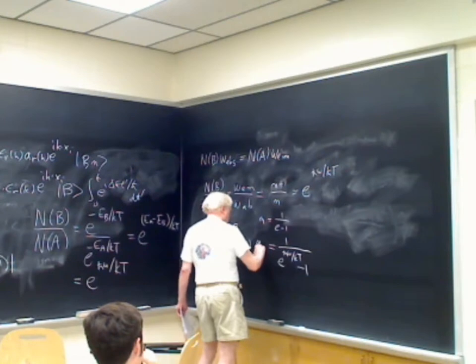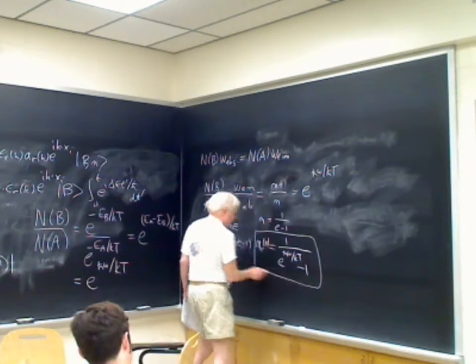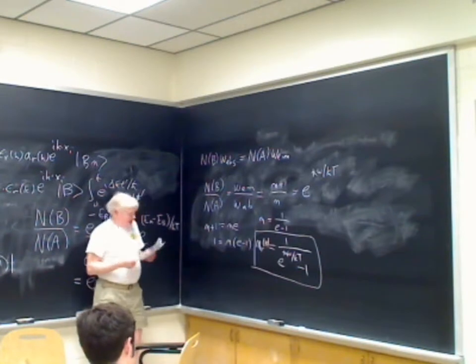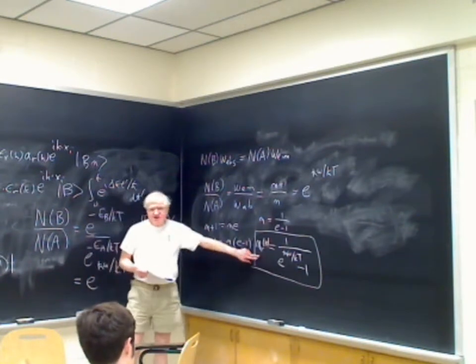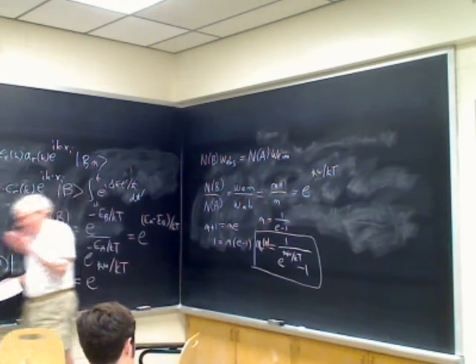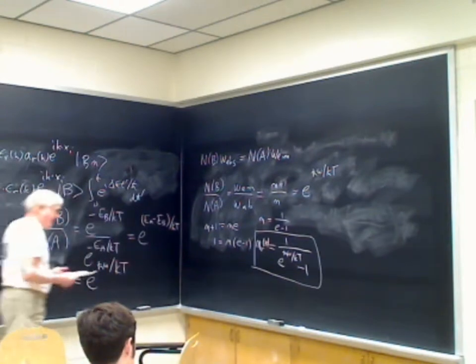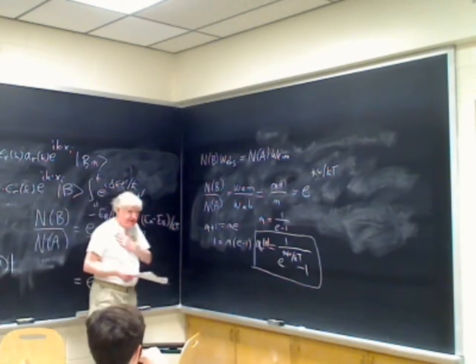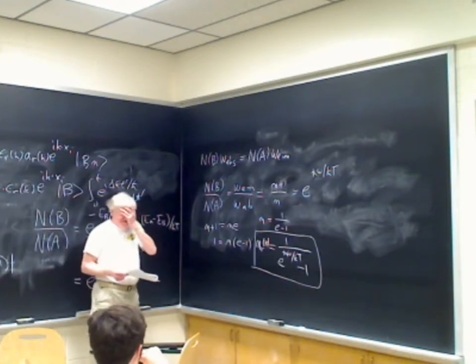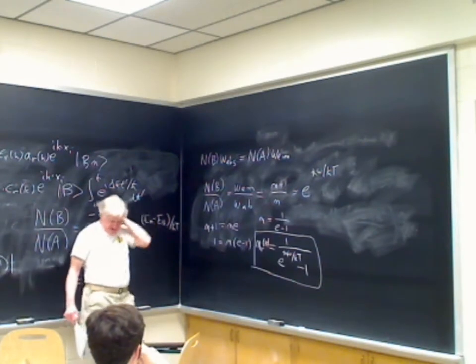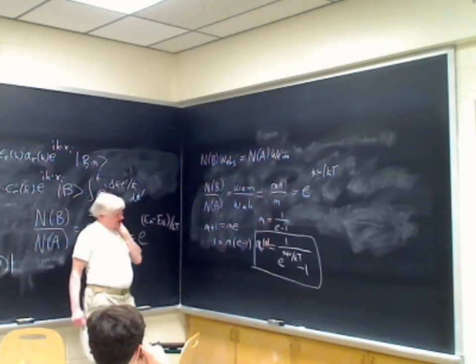So this is what n_rk is. So what we've derived then is the Planck distribution.